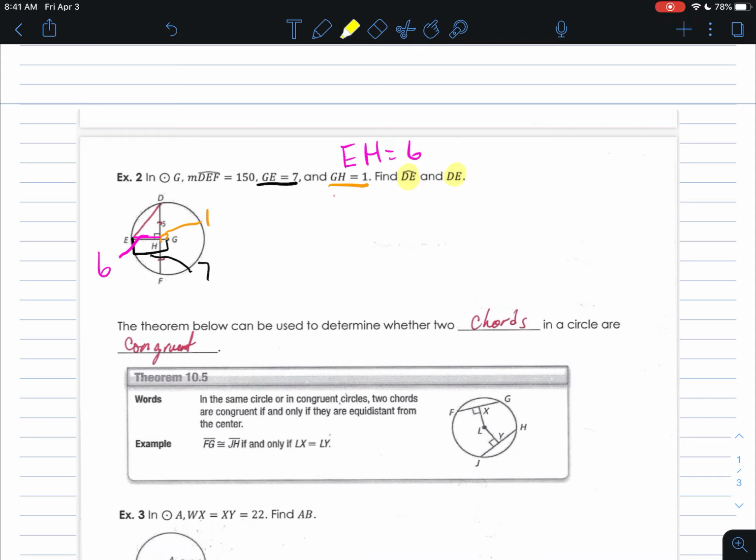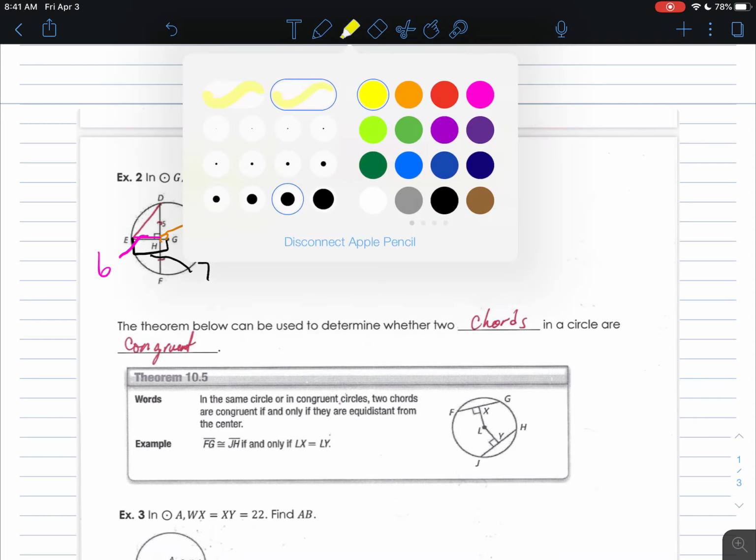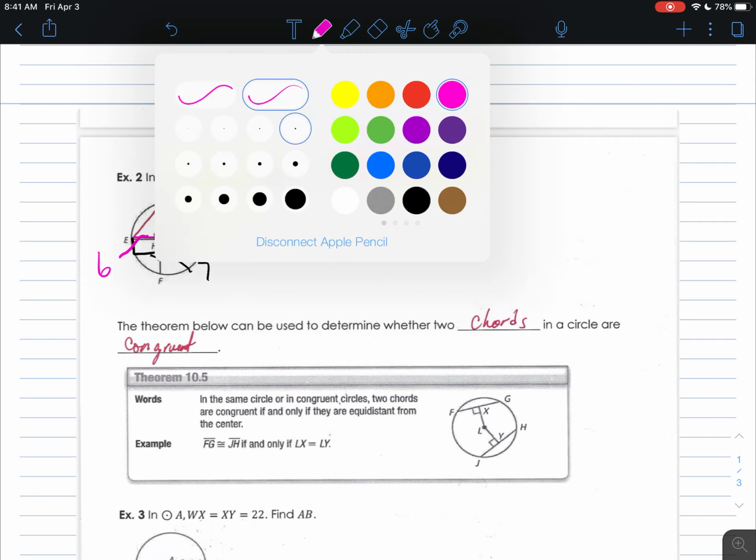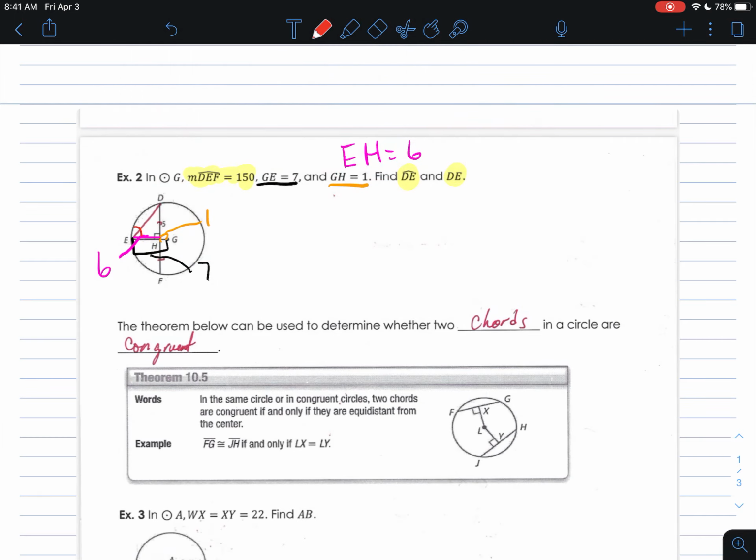So let's look at the arc first. We are given this information right here. Since we could see that it cuts it right into a 90-degree angle, we have to understand that this angle is cut in half, so that these two sides are congruent.